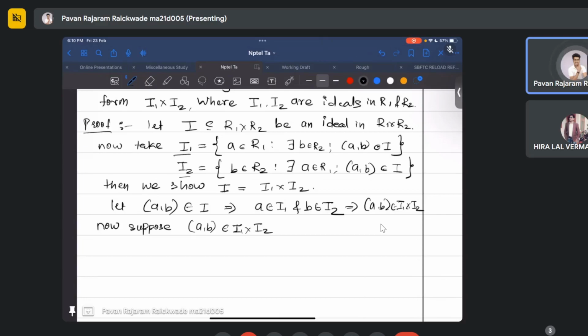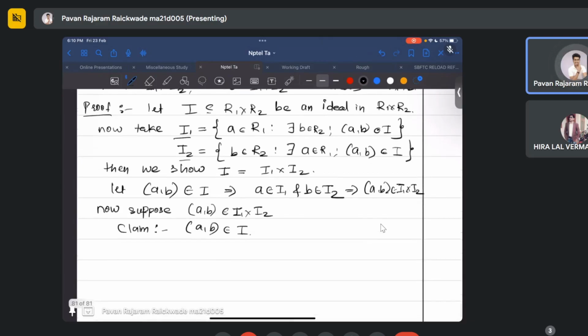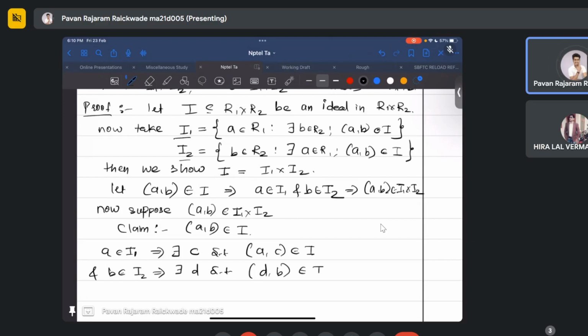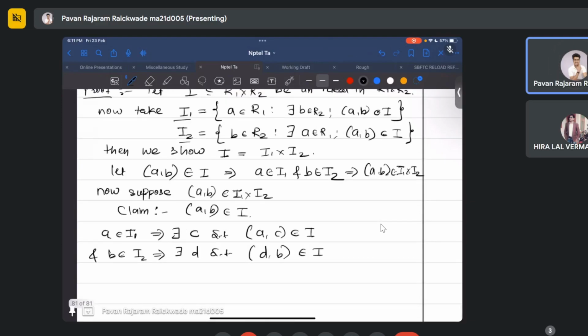I want to show that (a, b) should belong to I. What I know is that a belongs to I1, which implies there exists some c such that (a, c) belongs to I, and b belongs to I2 implies there exists some d such that (d, b) belongs to I. Now what? I need (a, b), so I think I need something like (a, 0).